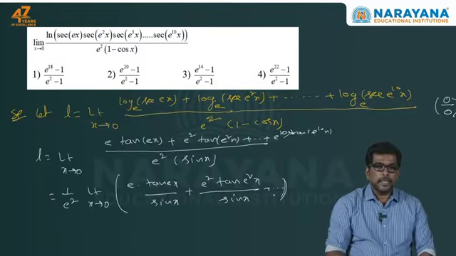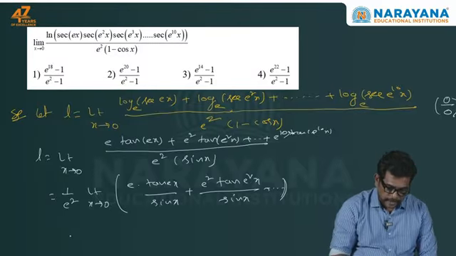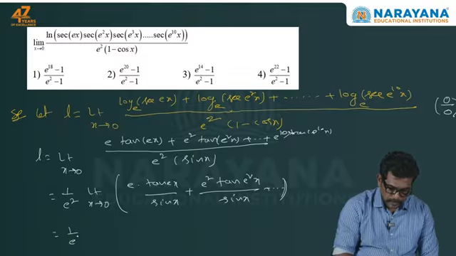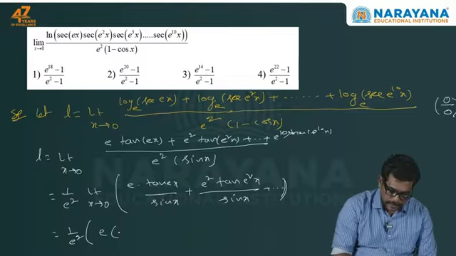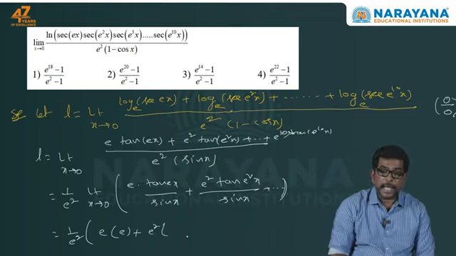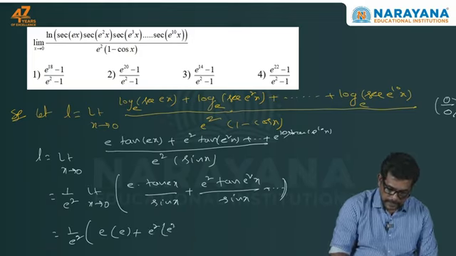Individually, if we are applying limit x tends to 0, this becomes 1 by e square times e into limit x tends to 0, tan ex by sin x becomes e, plus e square into tan e square x by sin x becomes e square, plus so on.